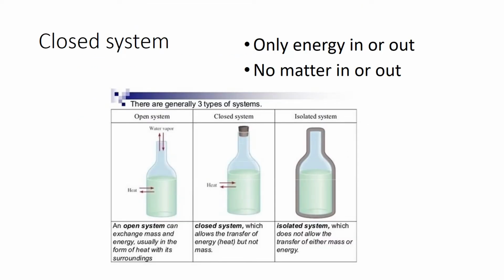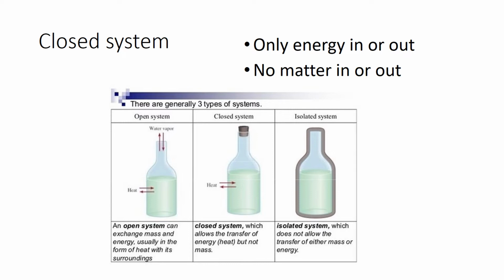So the first thing we need to understand with our learning objective was what a closed system is. You might not have come across what a closed system is. So I've got the 3 types of systems that can possibly exist, and I'm showing them using water in a jar, in a bottle. The first one is an open system, like my cup of tea, for example, or water in a glass bottle.